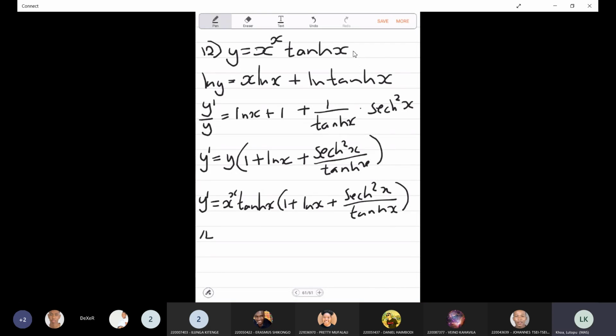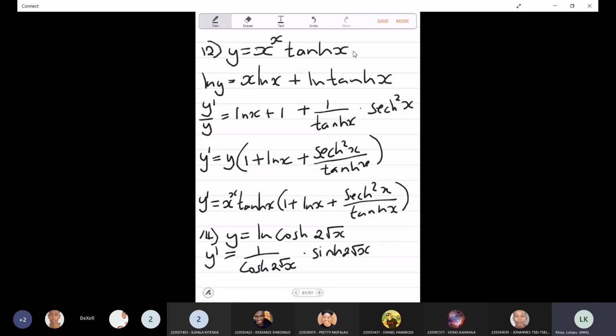And number 14, we have y is equal to ln cosh of 2 square root of x. And this one, pretty simple to differentiate. Y prime, 1 over cosh of 2 square root of x. Derivative of cosh is sinh.